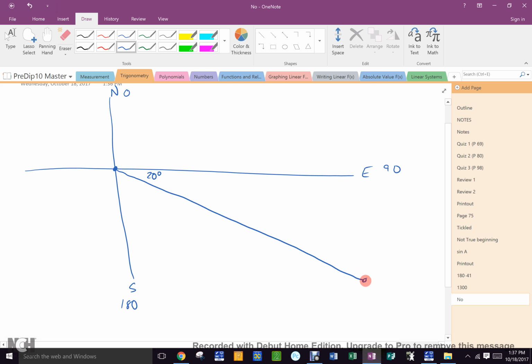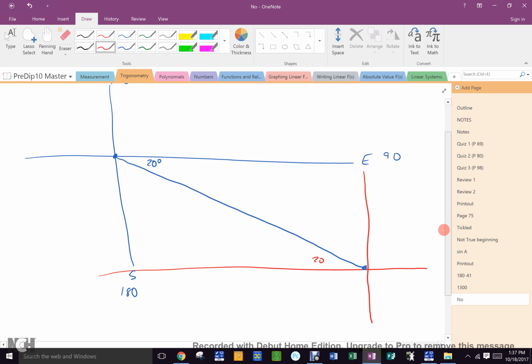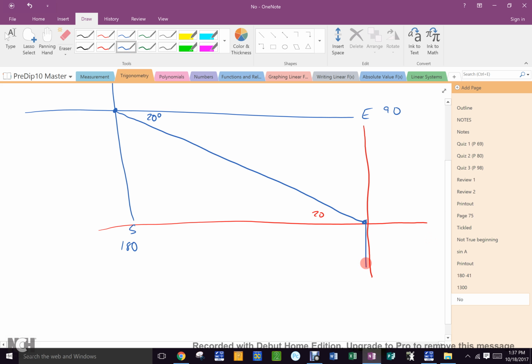When I get to this point, I change directions again, so I draw another compass. If that's 20, what's that? Has to be 20 because the angle of elevation, angle of depression, right? Yes. And also, I turned completely south, didn't I? How far is this? How far is it here?